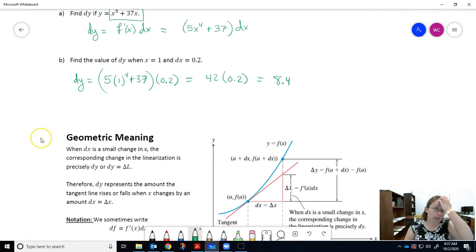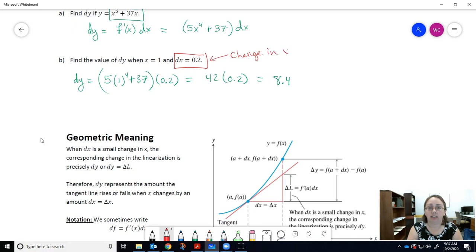Okay, so what does this mean? Let's interpret. This says dx you need to think of as being the change in x. Many times we use delta x to refer to that, but this is a very small change in x. If x changes just a little bit, so in this case, we're going from x equals 1, changing by 0.2, so x is now equal to 1.2.